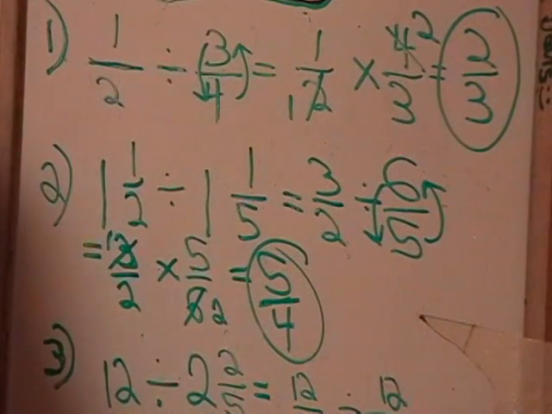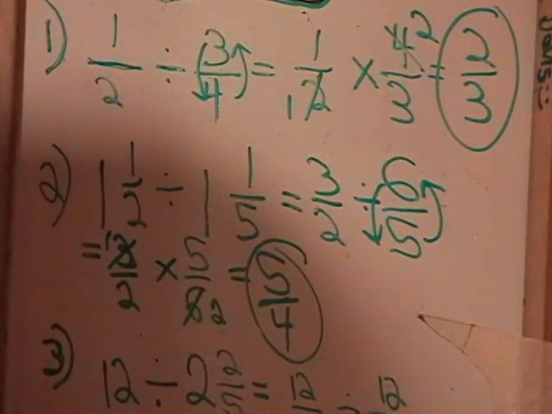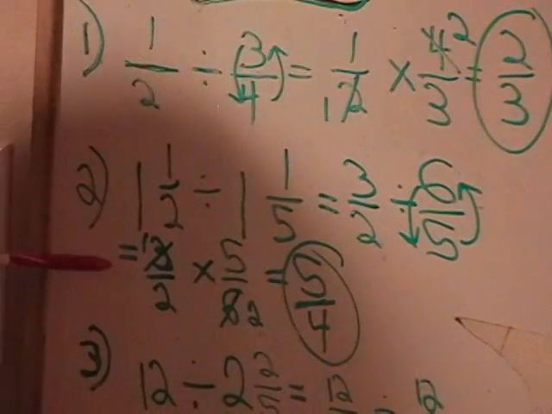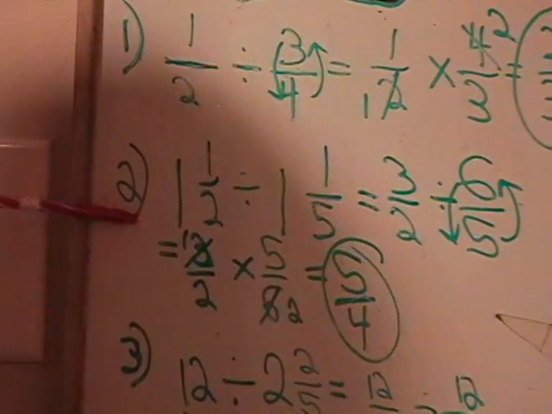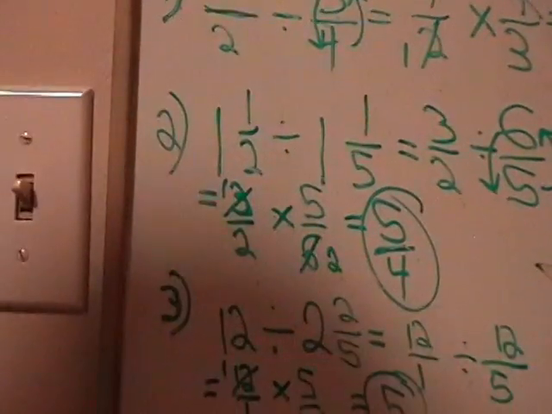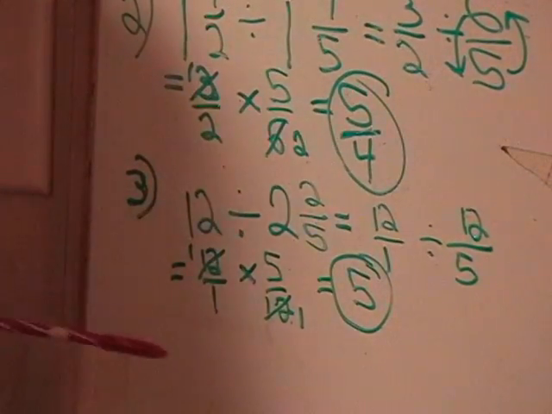Then you do the same thing as before: invert the fraction, simplify again, and multiply across.